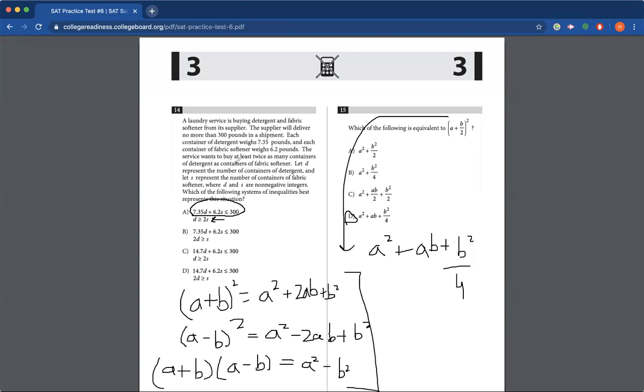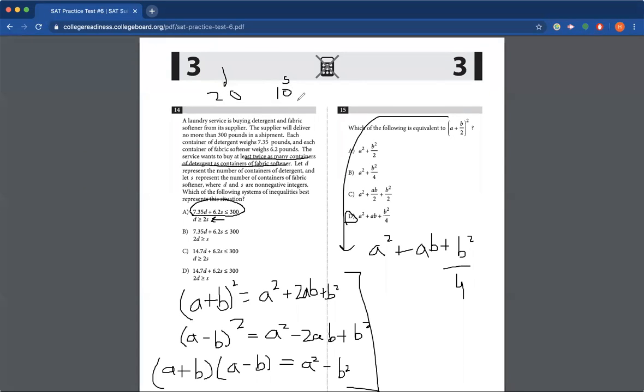So the service wants to buy at least twice as many containers of detergent as containers of fabric softener. So let's say they had 10 fabric softeners. They want to buy at least 20 detergent, correct? Because they want to buy twice as many detergent as fabric softener.